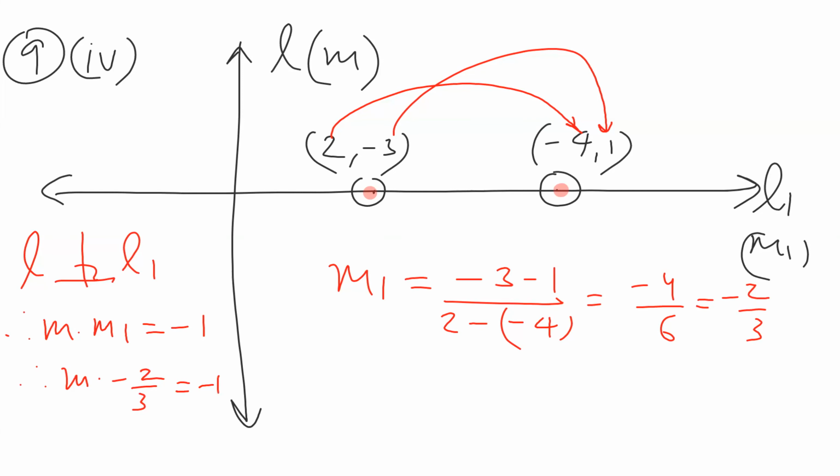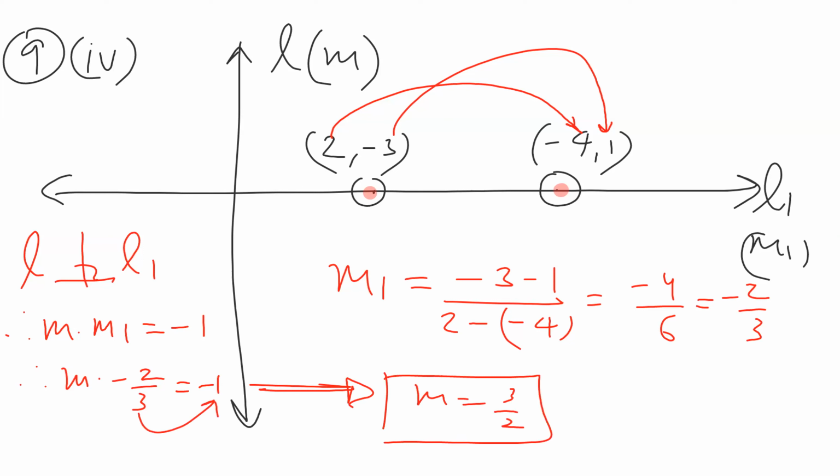By cross multiplication, we'll get M as 3 by 2. Minus minus will get cancelled. So the slope of line L is 3 by 2. Let's go to the 10th problem, question number 10.